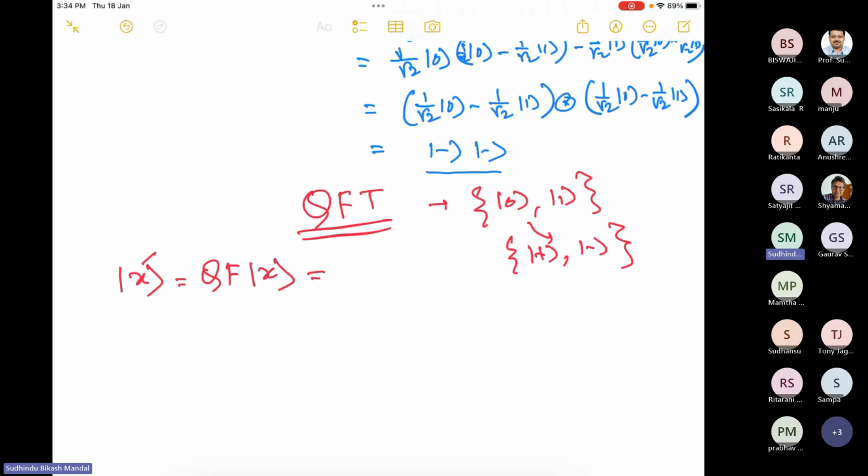In case of 1 qubit, the computational basis is 0, 1, but if we take a 2 qubit state, then our computational basis will be 0, 0, 0, 1, 1, 0, and 1, 1. That is the 2 qubit case.